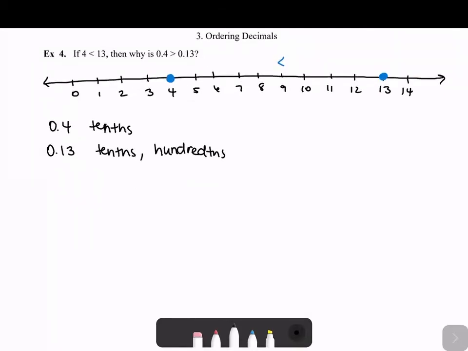So if we draw another number line to look at this, we're going to have 0 here. And I'm just going to draw little tick marks for right now. So this is going to be 0.1.